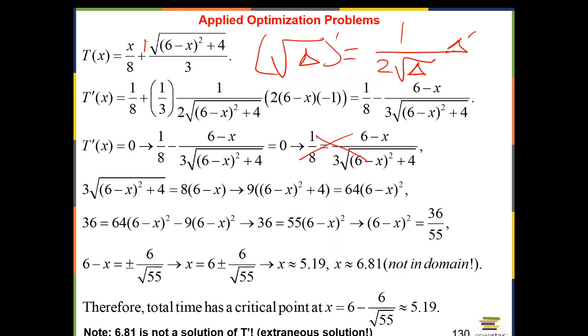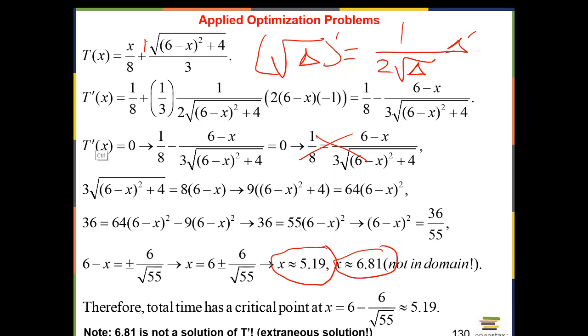So x is either 6 divided by the square root of this plus 6, which is going to be that. And then 6 minus this, which is going to be this. I mean, this would be minus, this would be plus. So this one is not in the domain, and is an extraneous solution that we get. Is not in the domain, right?